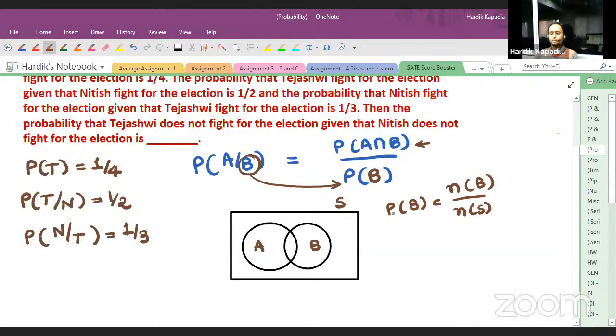But now, probability of A given B is the probability of A when the event B has already occurred. So now B has already occurred.